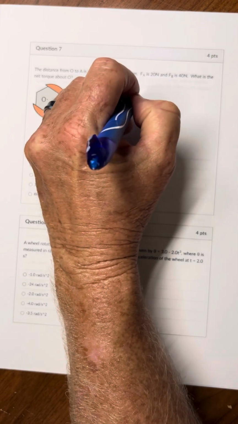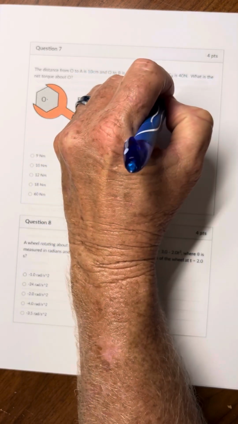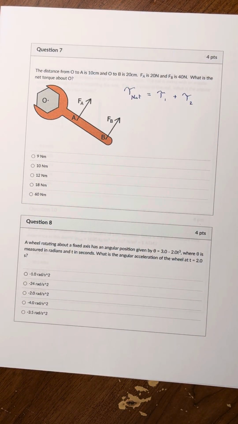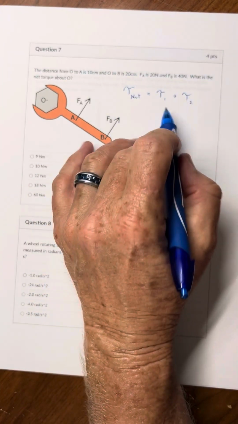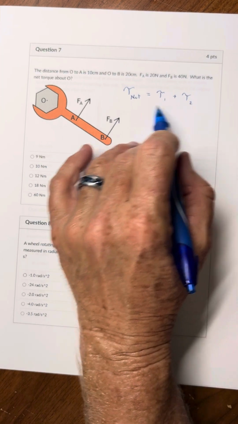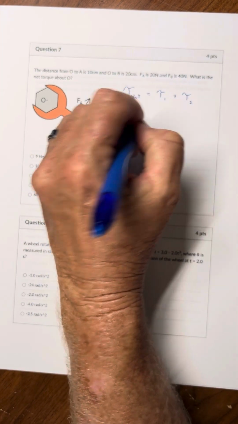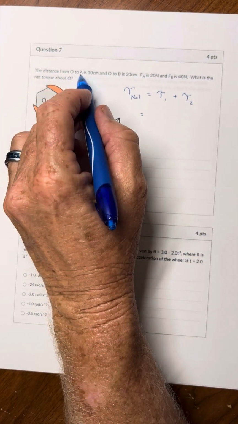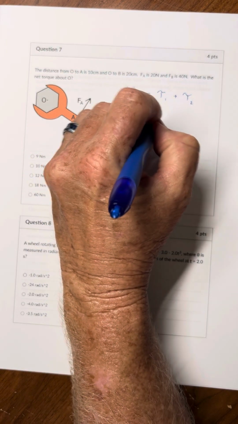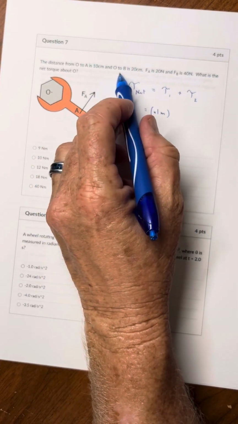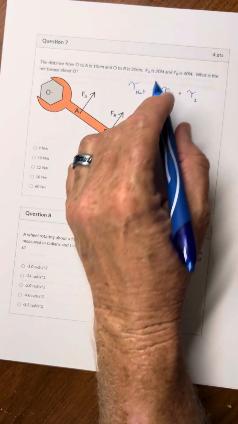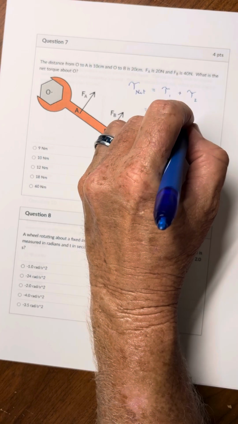And so net torque, like net force, is you just combine them together. If you have two, you combine them together. But again, torque is related to distance. So the distance from O to A is 10 centimeters, which I'm going to write as 1/10 of a meter. And the force is 20 newtons.